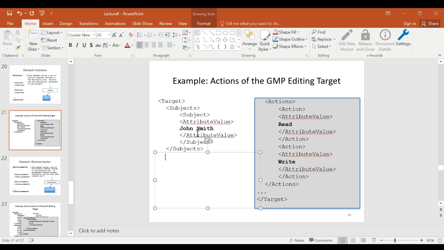It doesn't matter as long as we can see that the request is a request of read or write coming from this particular individual. Of course, the most general target is one that contains no information. Okay, so that is basically a target saying this rule applies to everything. Okay, so applies to every subject, every resource, every action, and every environment.